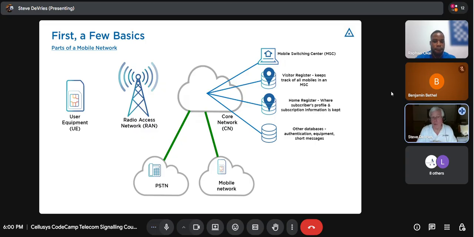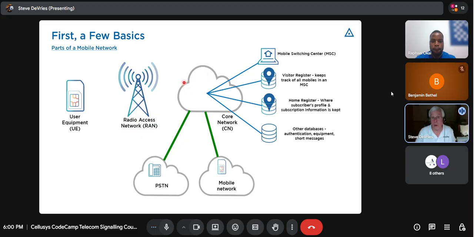The other part is the RAN, the radio access network. That's going to vary depending on your generation, and again, we'll talk more about that. But this RAN talks radio to here, and it communicates with the core network. So it has to have a communication on this tower here to the core network, and it talks radio out here.